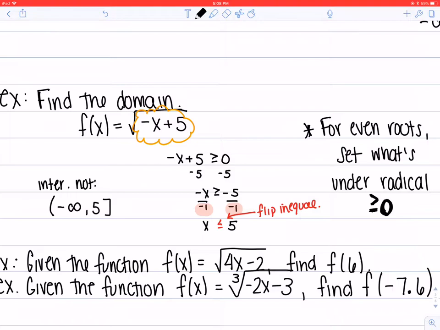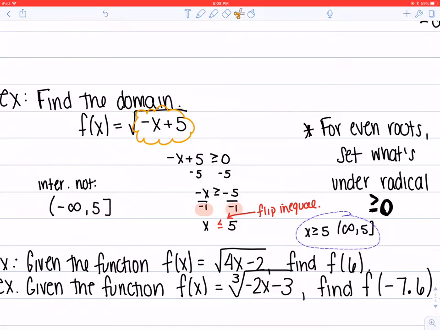If you didn't flip the inequality and you had something like x greater than or equal to 5, if this was a different problem, you would have 5 to positive infinity. So notice the order on this. I want to put it in least to greatest order. On the left, the infinity comes first because it's negative infinity.